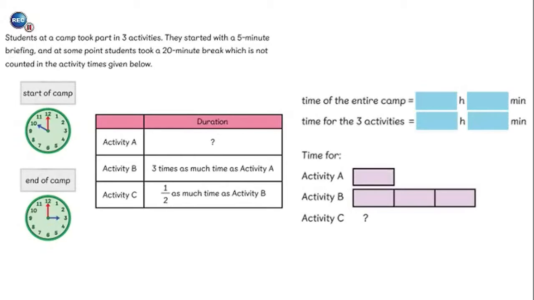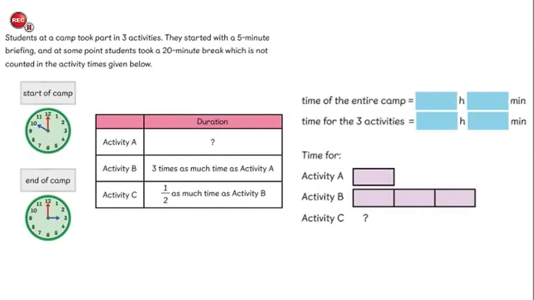Okay, so the first thing it wanted us to do was to work out the time of the camp. Well, the clock showed 10 in the morning as the start time, and it showed 3 o'clock as the finish time. From 10 o'clock, 11 o'clock, 12 o'clock, 1 o'clock, 2 o'clock to 3 o'clock.